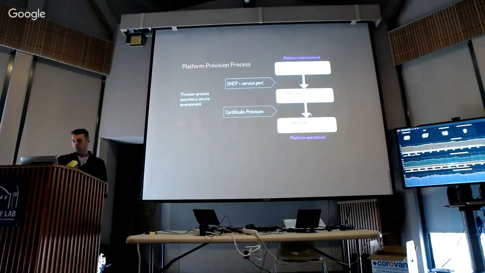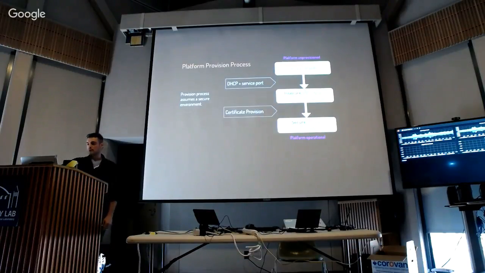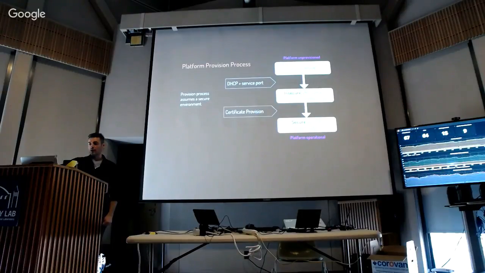So let's say that we have a platform, it's unprovisioned, it comes at factory defaults, and you want to have it provisioned. So what do you do? You rack the platform, plug the cable, it's in factory defaults, plug the power, and your admin interface should at that point be asking for an IP address, for which the DHCP server will provide one.